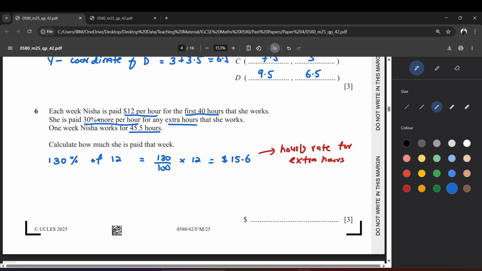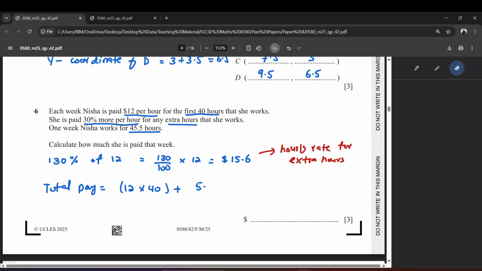All right, so now she works for 45.5 hours. So the total pay would be, for the first 40 hours, 12 times 40, plus, for the extra 5.5 hours, which is the difference between 45.5 and 40. So that should be 5.5 hours.